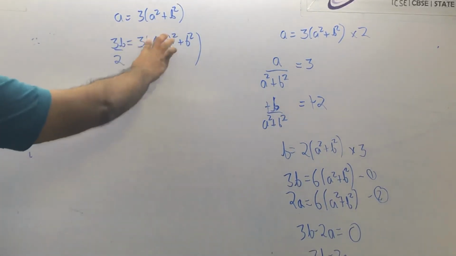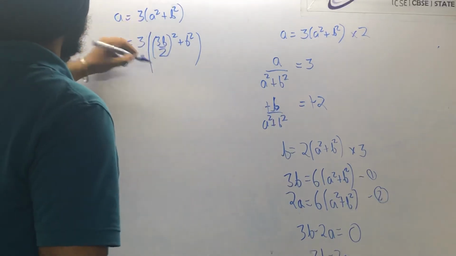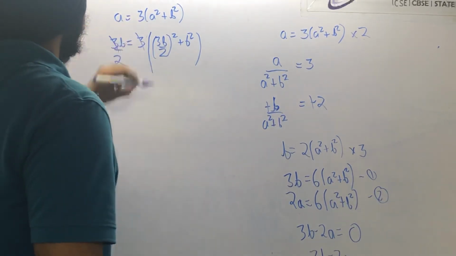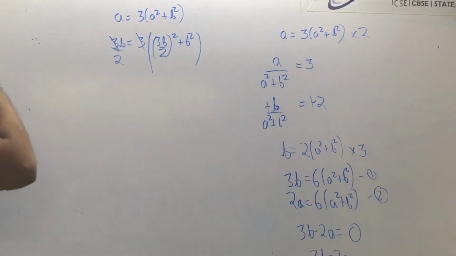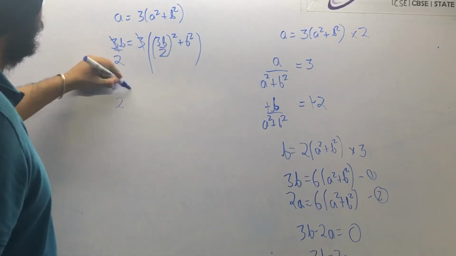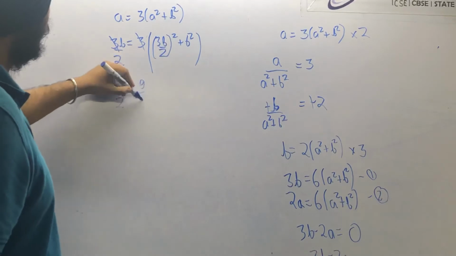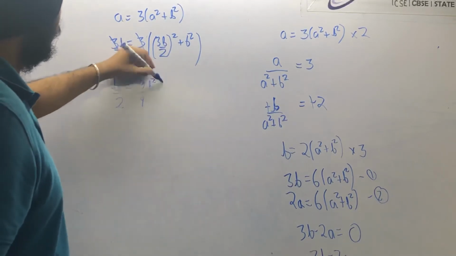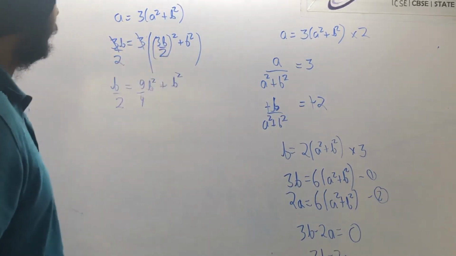Now 3 and 3 will be cancelled. Now here you get b by 2 is equal to 9 by 4 b square plus b square.